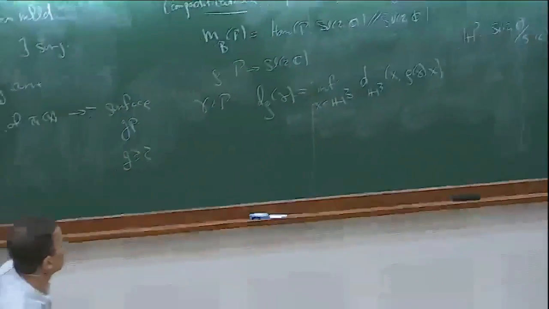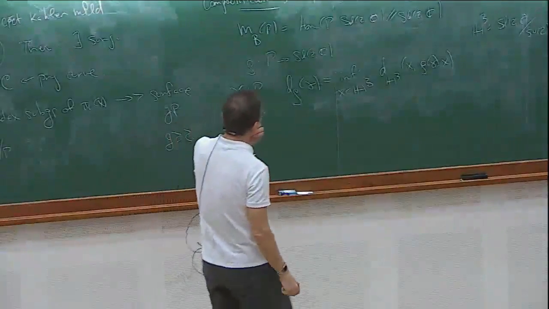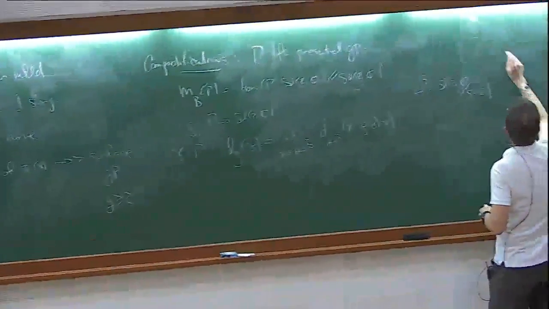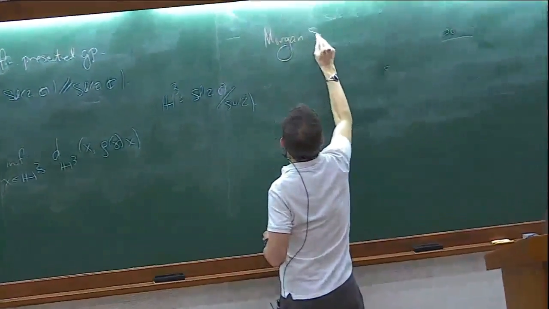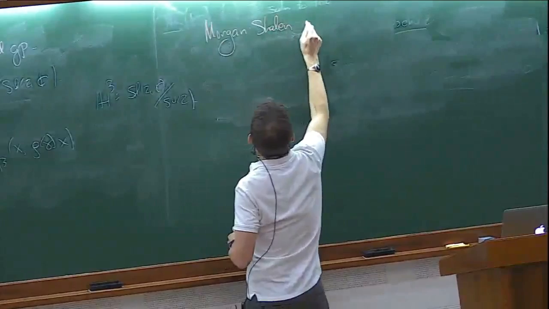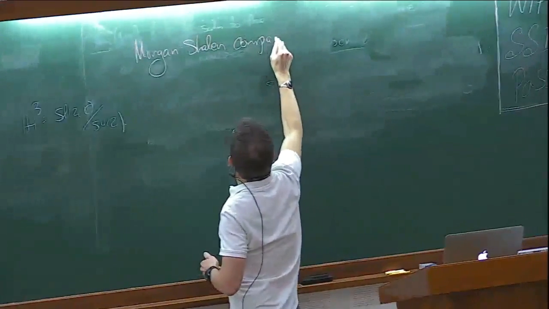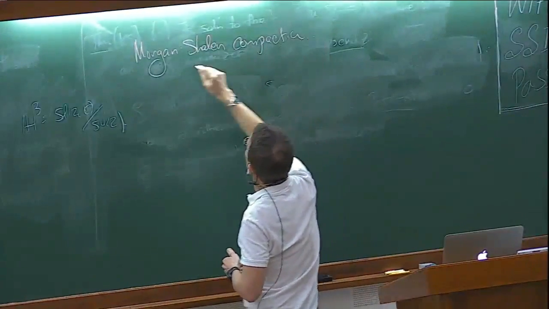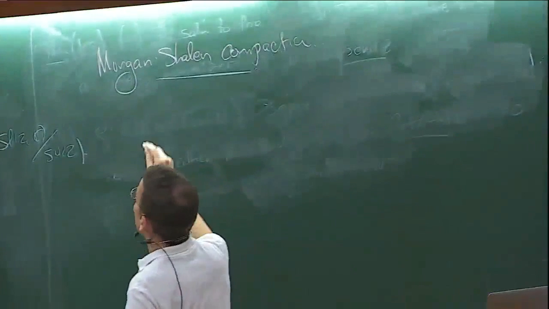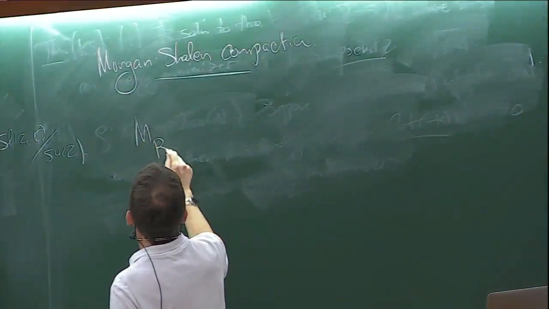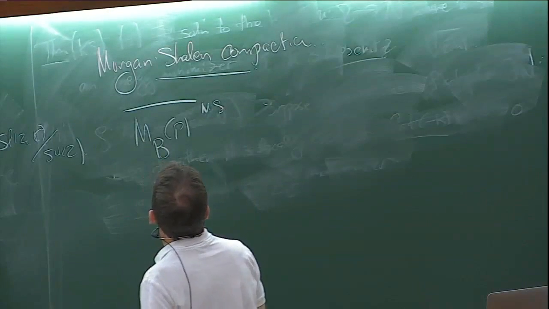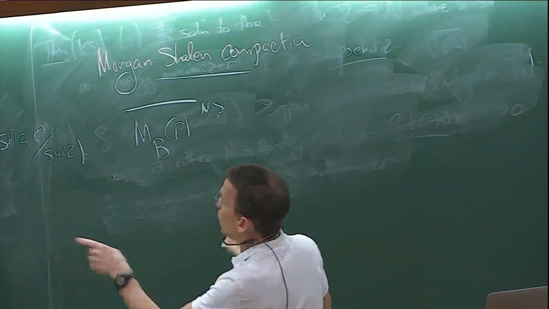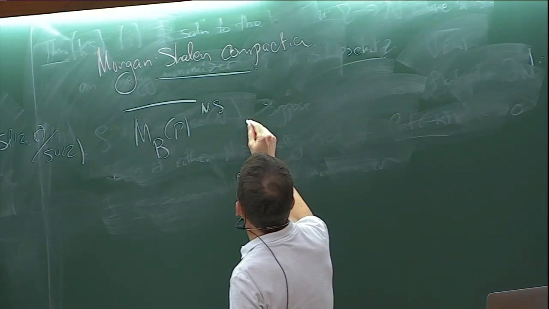And so the Morgan-Shalen compactification is a compactification of M Betti where we take limits.